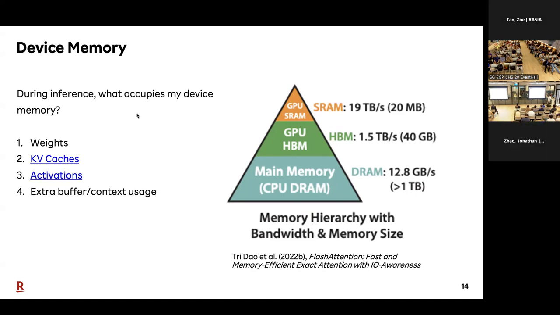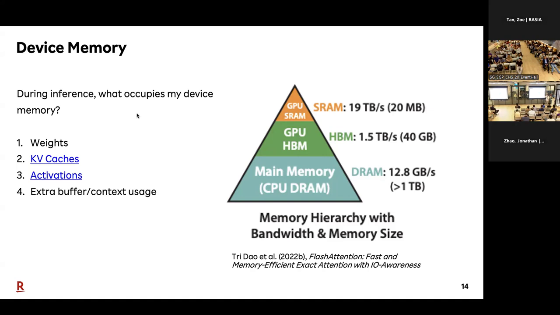And during inference, what occupies the device memory? Of course, we think about the weights, the parameters of the models. If you have a 7 billion parameter model, then the weight consumption will be about 14 gigabytes, say you use half precision, like floating point 16 or bfloat16. That's the part consuming the most memory. The second is the KV caches we mentioned before.